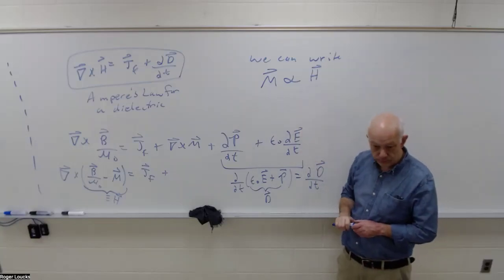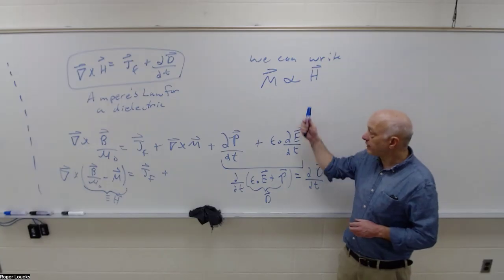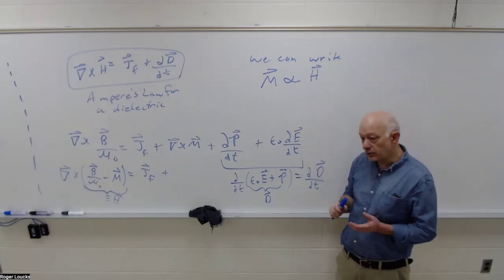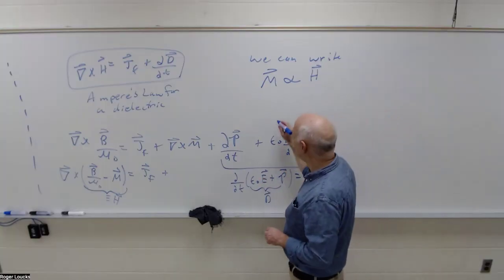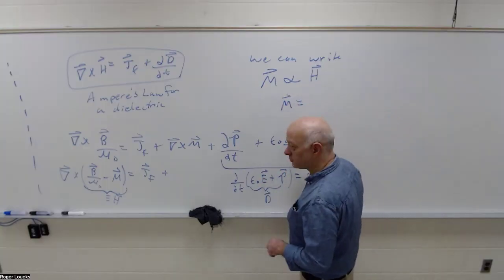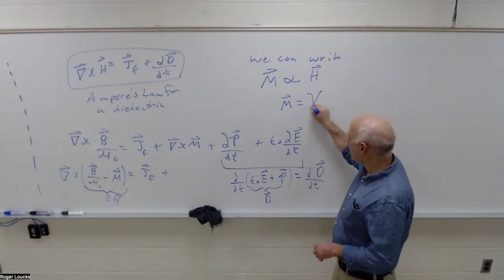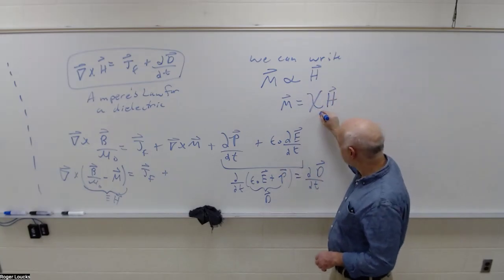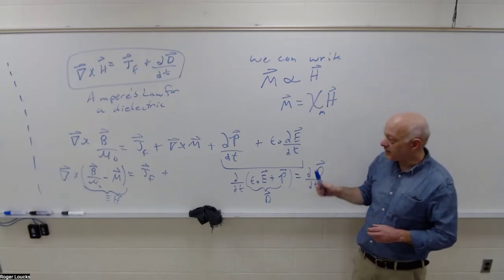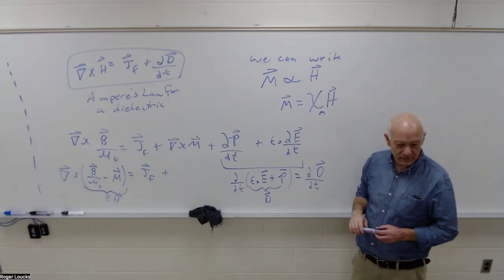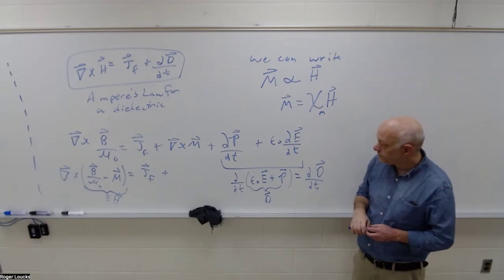That makes sense. Okay, this right here is assuming a linear field. How do I make this an equality? I multiply by a coefficient, which becomes our chi. I'm going to put an M here: the magnetic susceptibility. I have E here, which is the electric susceptibility.